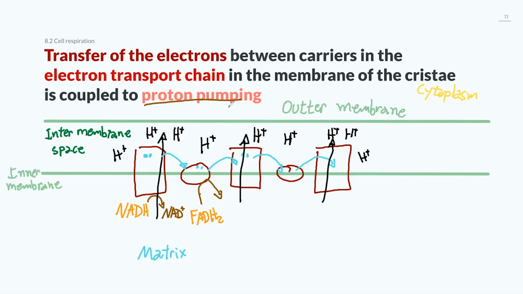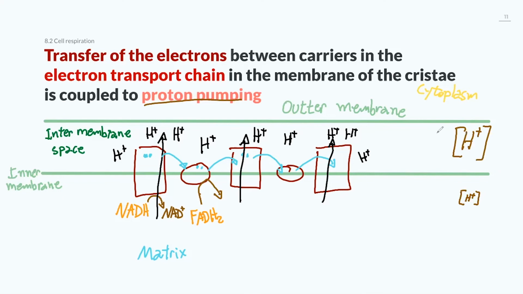Also, there is a chemical gradient. So you have the electric difference, and you have the chemical gradient. Here, the concentration of H plus is much bigger in the intermembrane space than in the matrix.